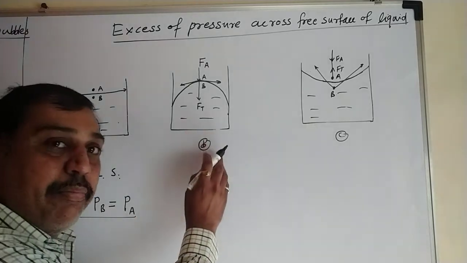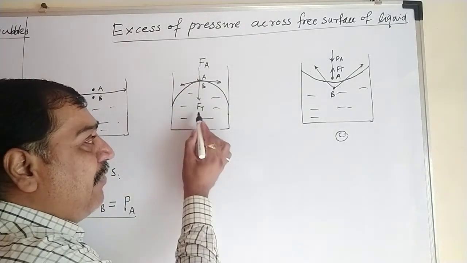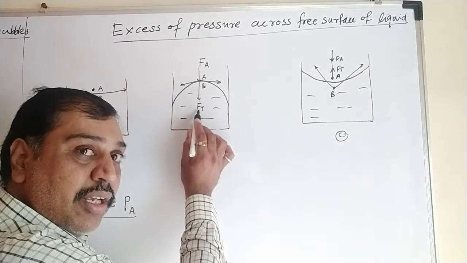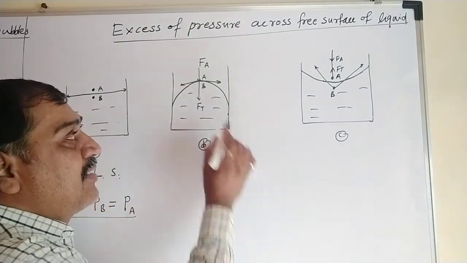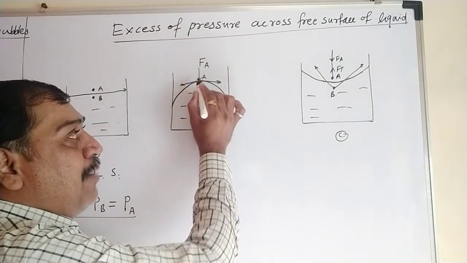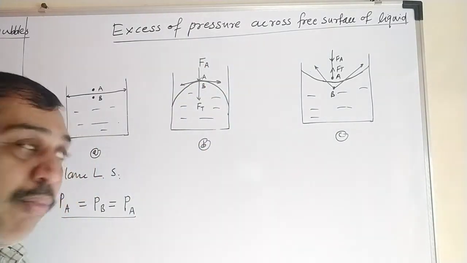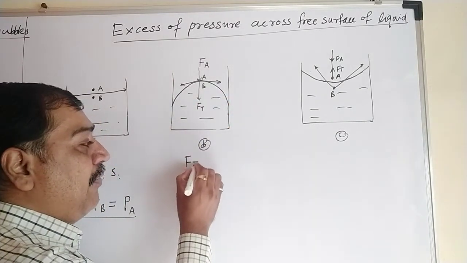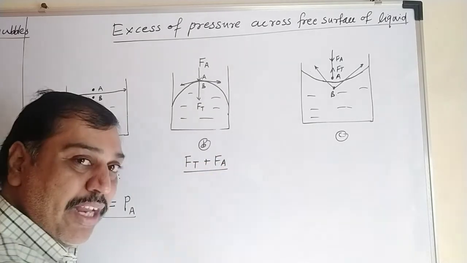Now let's go to the second part. In this part, the convex surface is there, and Ft is nothing but the resultant force due to surface tension. Ft is moving in the downward direction. At the same time, Fa, the atmospheric force, is also moving in the downward direction. So the resultant force is more in the downward direction. The resultant downward force is Ft due to surface tension plus Fa due to atmospheric pressure.